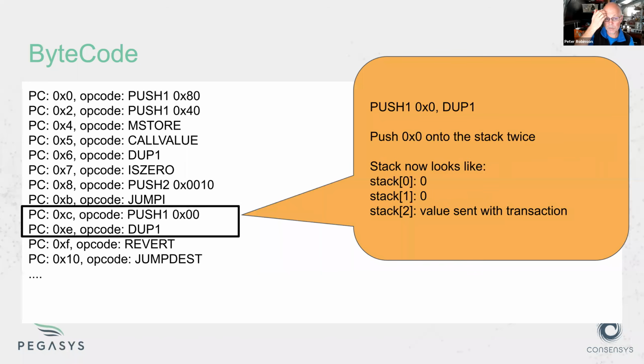If that value wasn't 0, then jump, otherwise don't. And then it pushes 0 onto the stack and then duplicates it. So then you end up with a stack that looks like that, stack 0 and stack 1 both being 0.